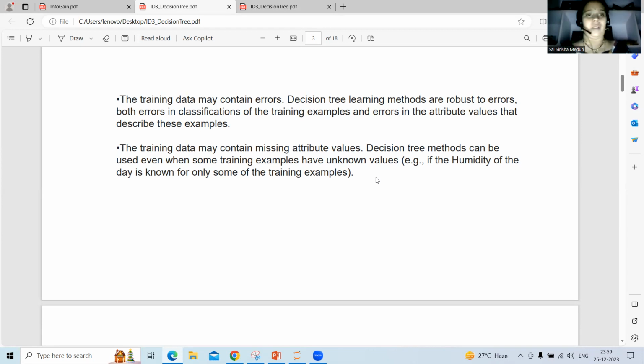Even in that case we can use a decision tree, because the algorithm has features where, if an attribute value is missing, we can get the value based on its parent node. That is how this algorithm is designed. Wherever these conditions are satisfied, we can definitely go with a decision tree.